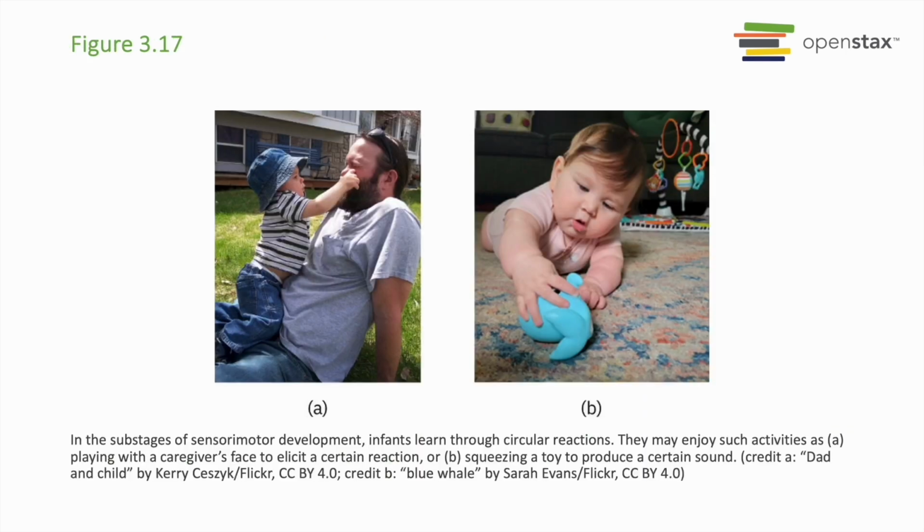Figure 3.17. In the substages of sensorimotor development, infants learn through circular reactions. They may enjoy such activities as, seen in image A, playing with a caregiver's face to elicit a certain reaction, or in image B, squeezing a toy to produce a certain sound.